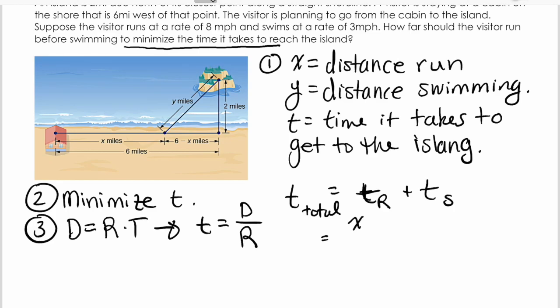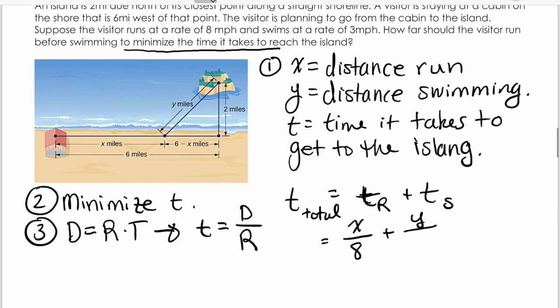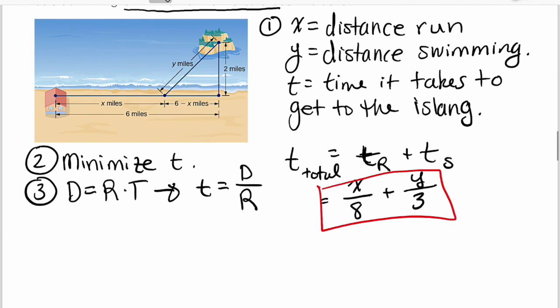Since the distance is x that they're running, and the rate is that they run at 8 miles per hour, the time that they ran is going to be x divided by 8. Now for swimming, we identified the distance for swimming as y, and we know that they swim at a rate of 3 miles per hour, so we're going to divide by 3. So here's our equation for the total time it takes to get to the island.